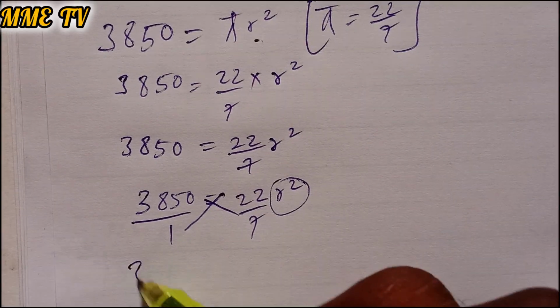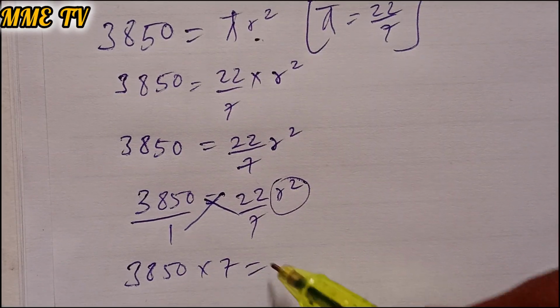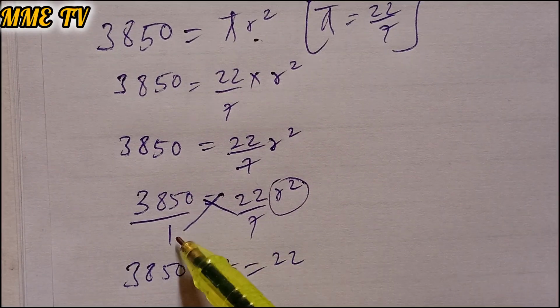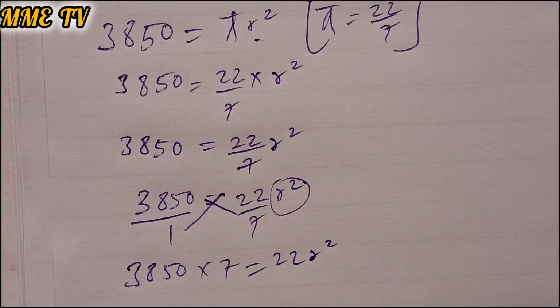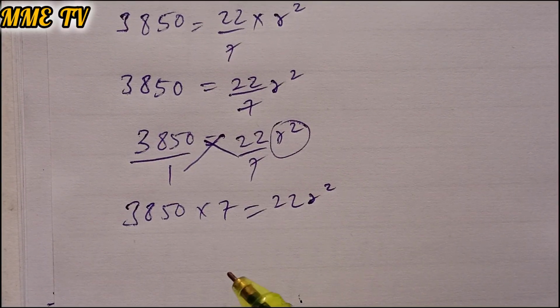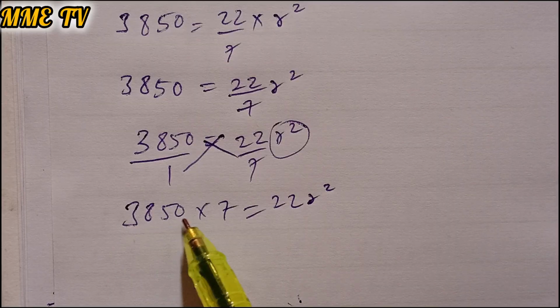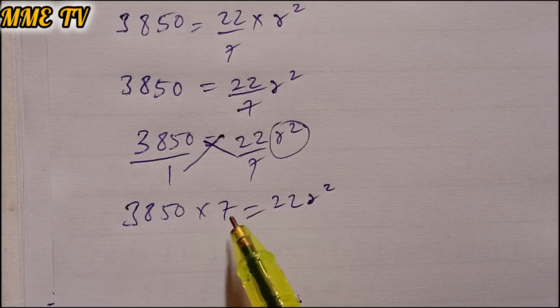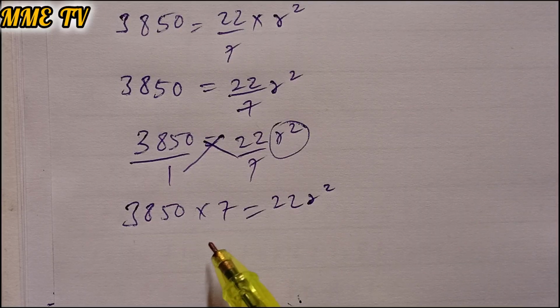So what do I do next? I will say 3850 multiplied by 7 is equal to 22 times 1, which is still 22 r raised to power of 2. Now, because at this point I have 22 r raised to power of 2 on one side, I can simply use 3850 to multiply 7, but making it simpler so that most of the work will be without a calculator.